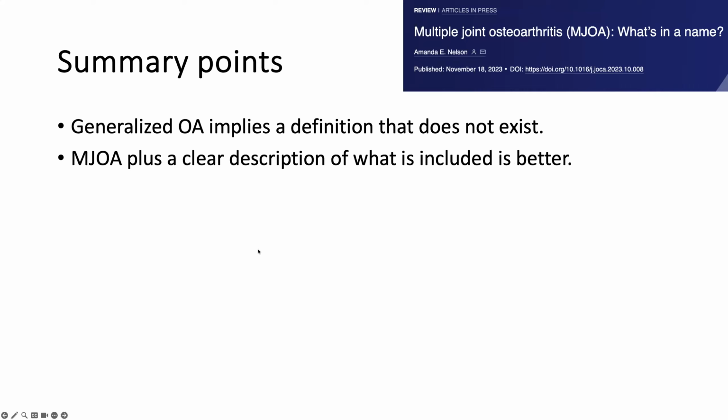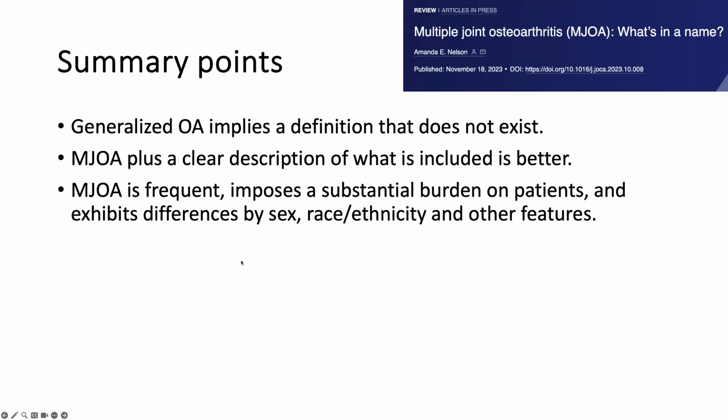And as I showed you, there's at least 10 used in the literature. Multiple joint osteoarthritis seems to me to be a more descriptive term, more transparent, plus a clear description. So multiple joint osteoarthritis characterized by involvement of the hand, knee, and hip or something. You just want to know what you're talking about and what's being considered.